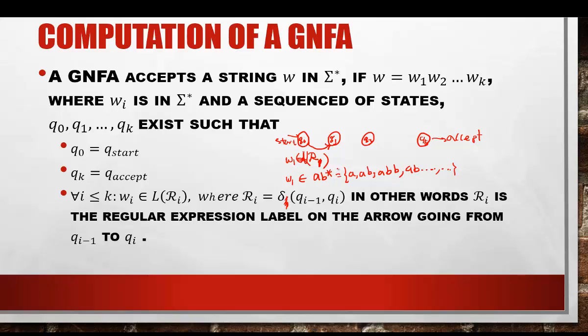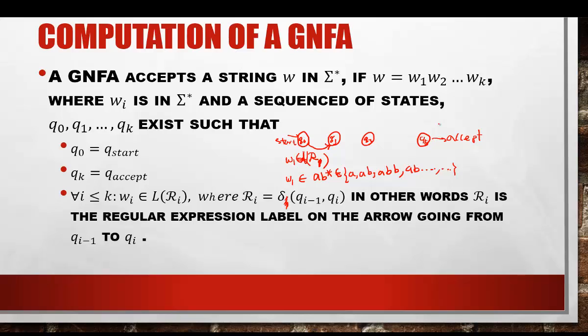So if I read one of these members and transition from Q sub 0 to Q sub 1, and you keep doing this computation over and over until you reach the end of your states, and you ended up in Q sub k, which is the accept state, then your machine would accept the input string W.